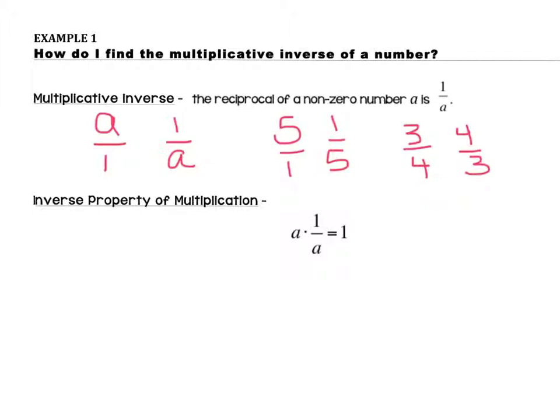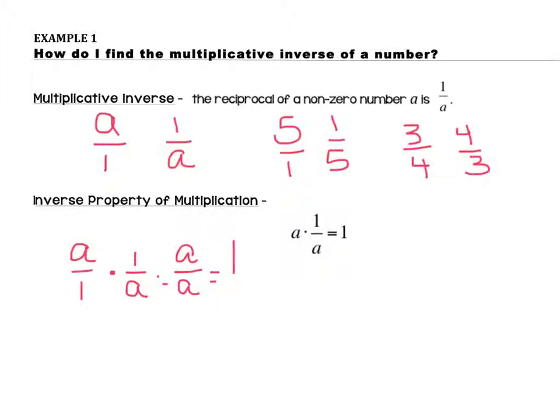All right, so for example, I have a all over 1 times 1 all over a. A times 1 is equal to a. 1 times a is equal to a, giving me 1. Let's take a look at a number.